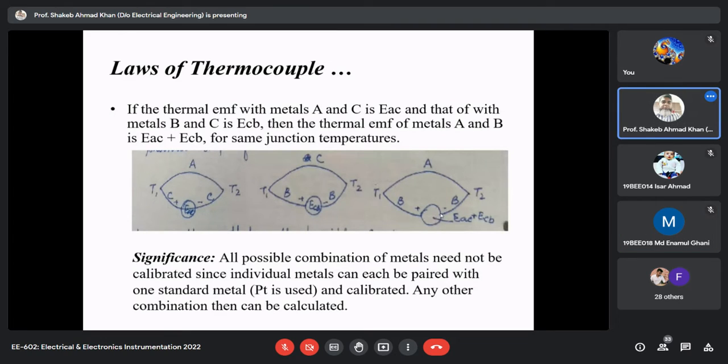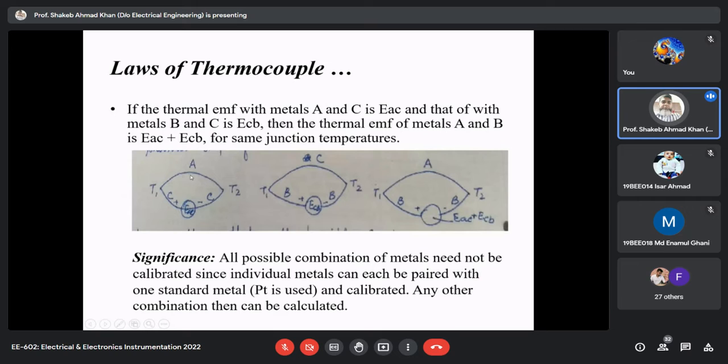Now what is the use of it? Actually, I had shown you the calibration table. So what is done, all possible metals which can be used, which are having attributes to be used as a thermocouple material, are basically calibrated with respect to common metal C, and generally this metal is platinum.